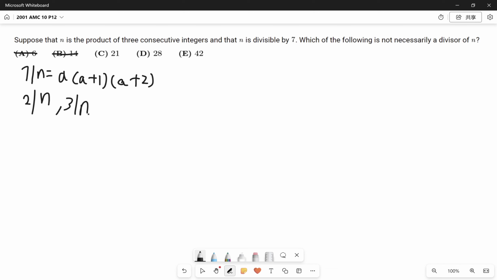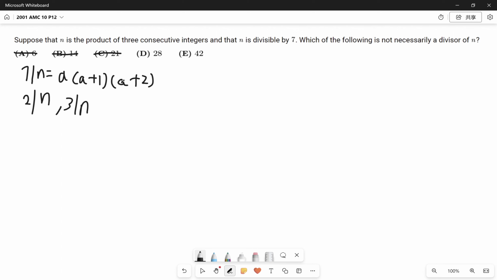If n is divisible by both 7 and 2, 7 times 2 is 14, so it's divisible by 14. So B is not the answer. What about C? It's kind of clear over here because n is divisible by both 3 and 7, and 3 times 7 is 21. So n is also divisible by 21.